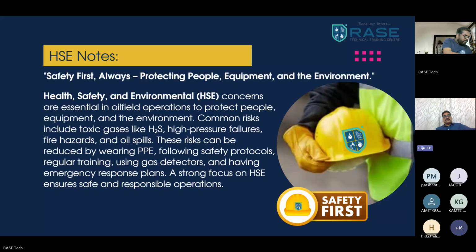There are procedures, guidelines and specifications in place, and a strong focus on HSE ensures safe and responsible operation. Our ultimate aim is safe operation, because we need to produce oil, but we also have to see to the safety of the people working in the oil field.